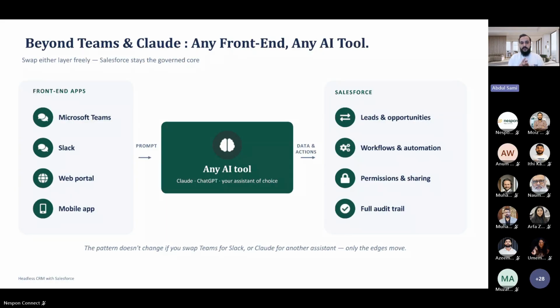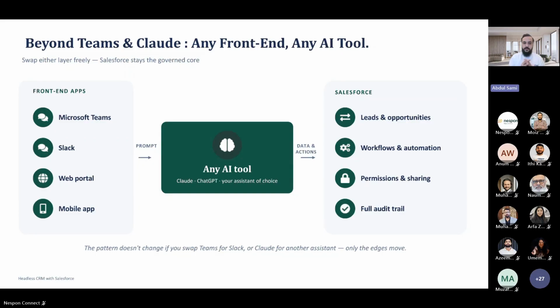However, you will need an AI tool in the middleware so that it can interpret or convert the prompt, send it to Salesforce, get the response, and show it to the front-end user. The AI tool can be any tool that you are currently using. There is no restriction or requirement to use any specific tool.